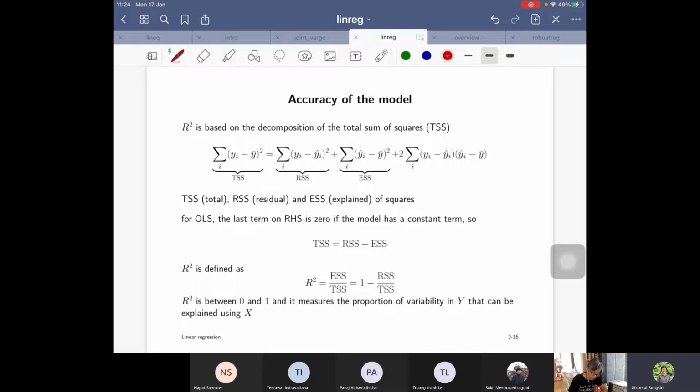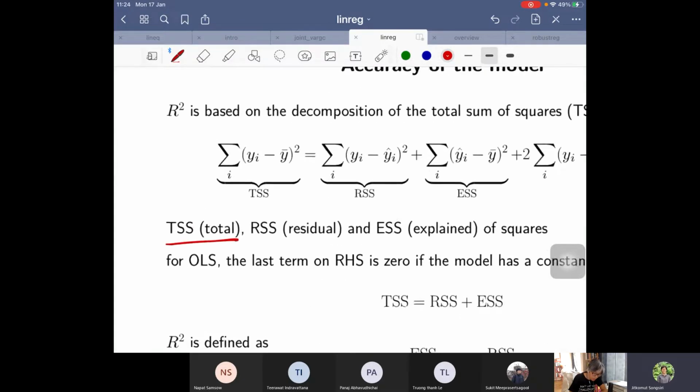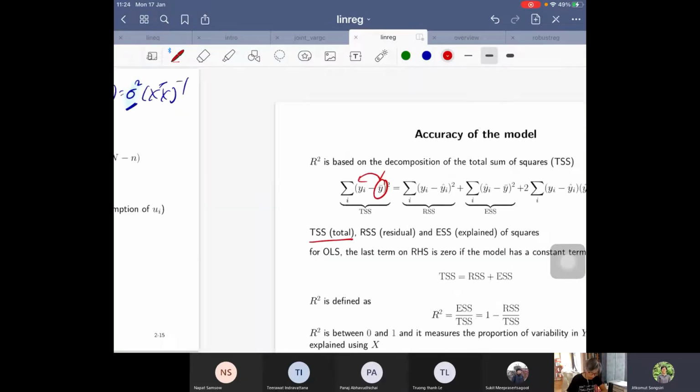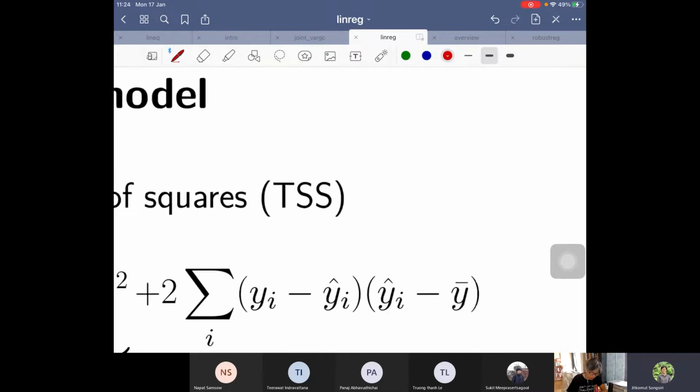It says that the total sum of squares, TSS, measures the distance between the measurements and the average of the observations. Y bar, the mean of Y, actually represents the simplest way of predicting your response. I would like to refer to this as the simplest model.